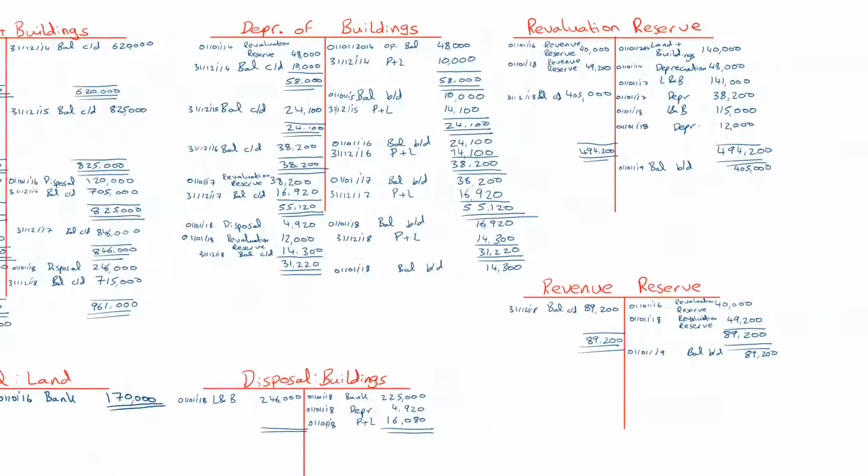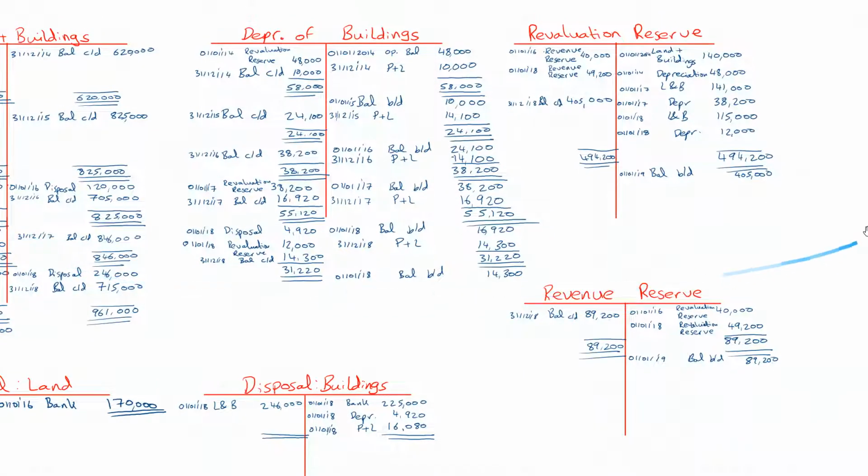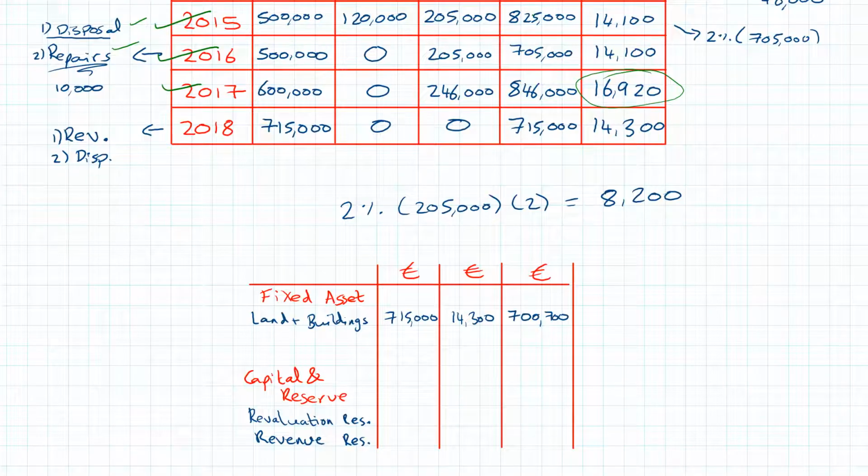Our revaluation reserve was 405. Revenue 89.2. So 405 and 89,200.